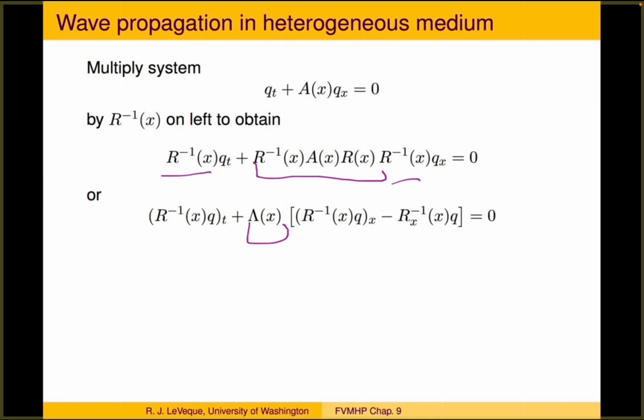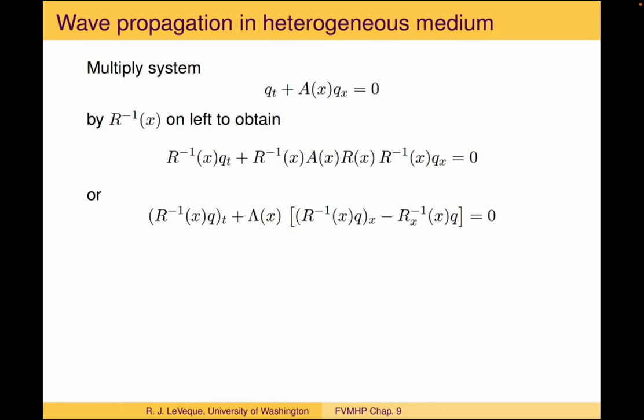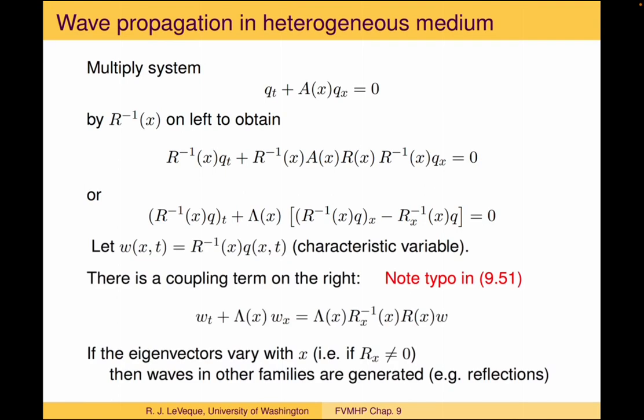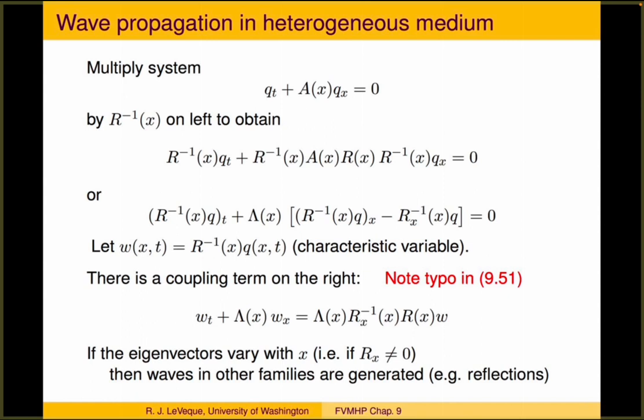The problem in the variable coefficient case is that we end up with a slightly more complicated expression, and if we again let w be R inverse times q, the characteristic variables, then because of this variation in x, there's an additional term that comes in, which is the derivatives of the inverse of the matrix of eigenvectors.